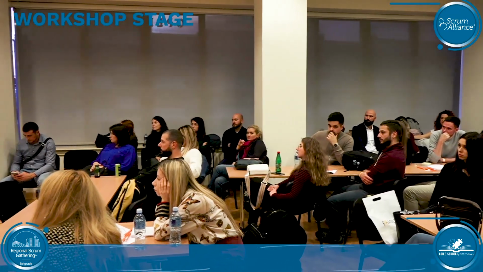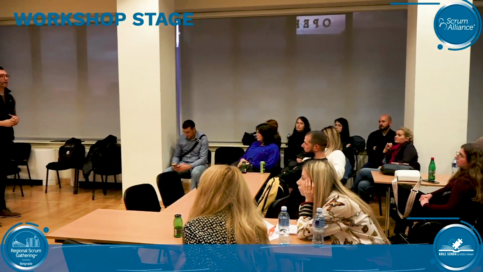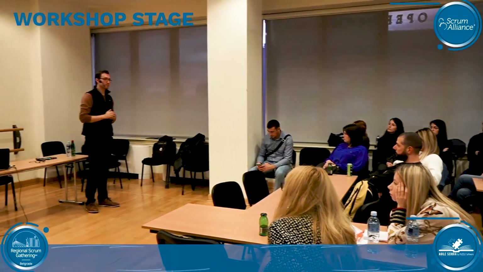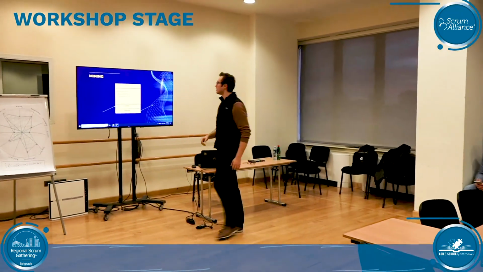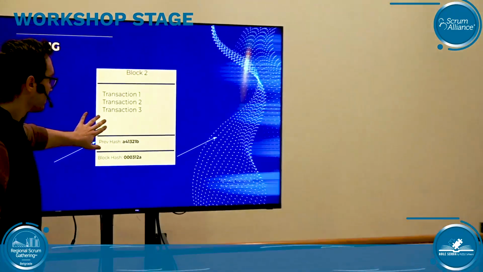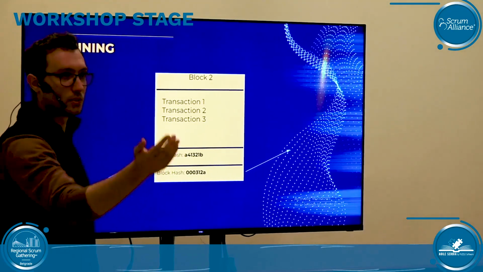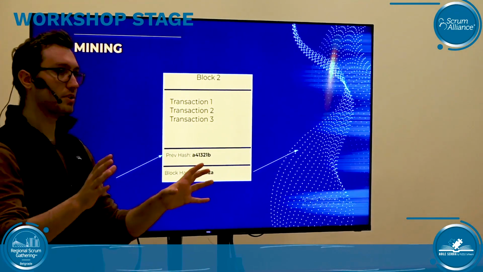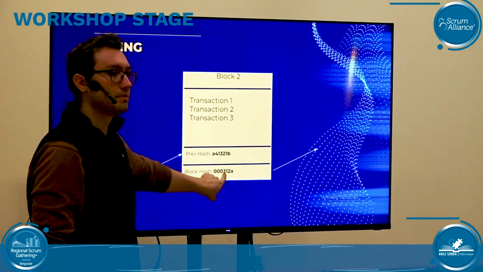You have some transactions that a miner said, okay, I'm going to select those, and I'm going to put them in the block. So what's happening now? You're going to put this information, block 2, all the transactions and previous hash, into that hashing algorithm that I showed you. All of that information is put together to get this number.